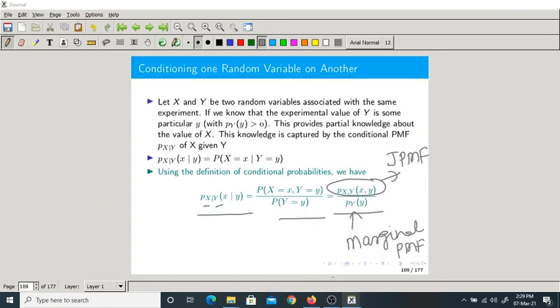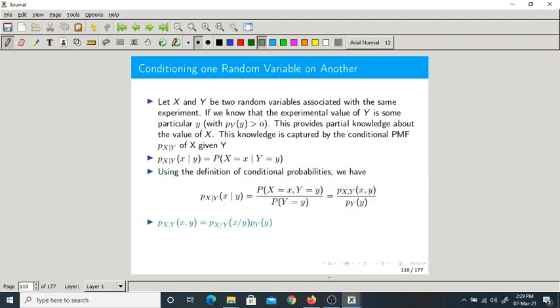I told you so many times, just go with the general notation of conditional probability. So here we just have two random variables, that's it, nothing more than that. Now, from this, what are you going to say? Compare these two.